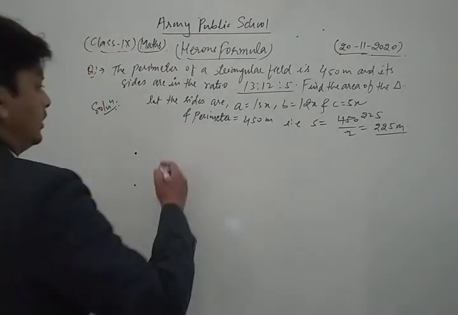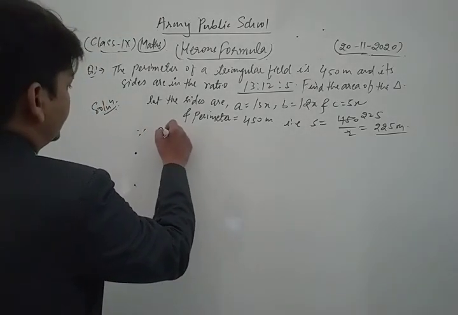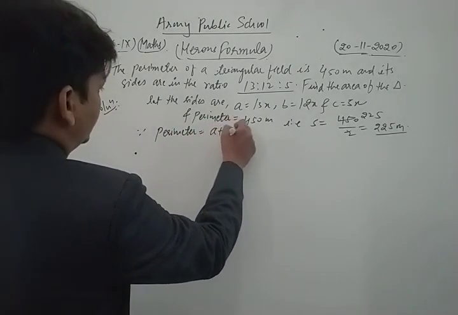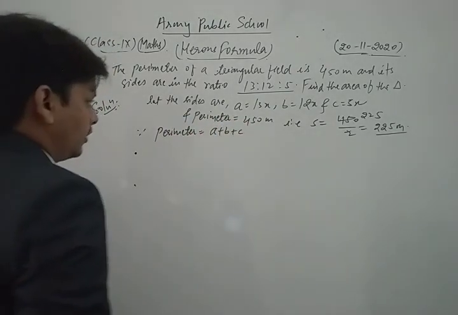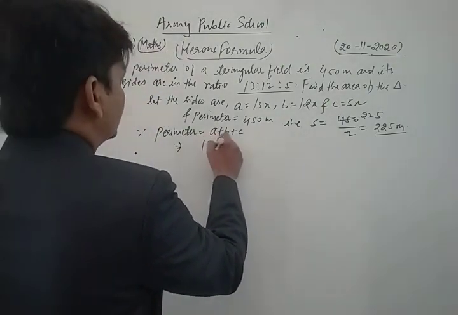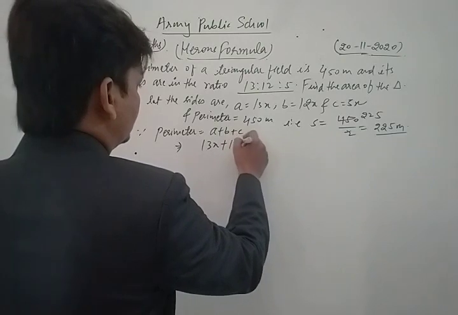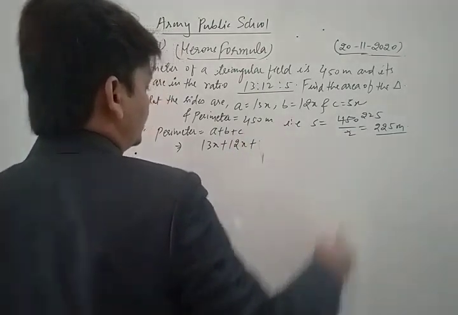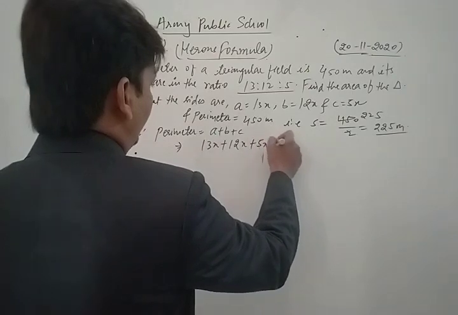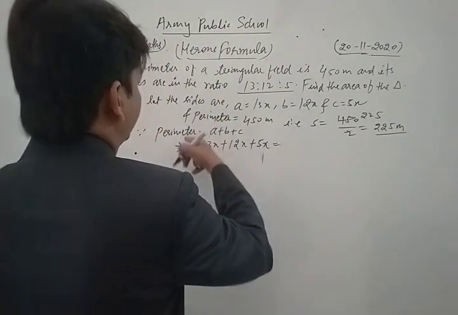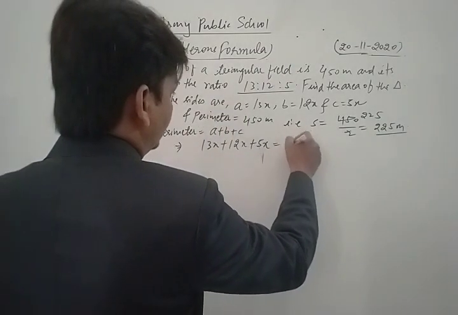Dear student, since we know that the perimeter is equal to a plus b plus c, the sum of all its sides, here we put a equal to 13x, b equal to 12x, plus c equal to 5x, and the perimeter is 450.